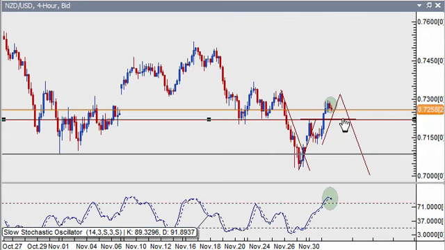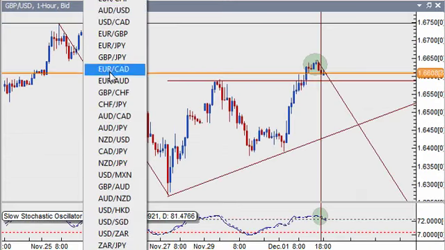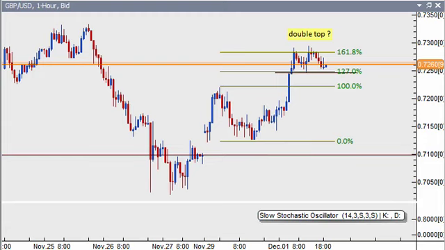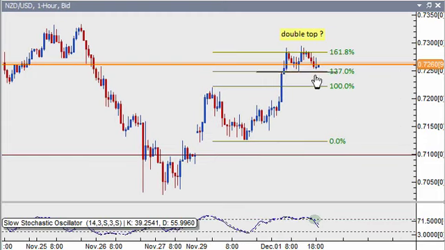So this area is very important. It could be a trigger, or it could also invalidate our Gartley. Now, looking at the 1 hour time frame, here it looks like it might develop a double top if the market breaks below 0.7245.